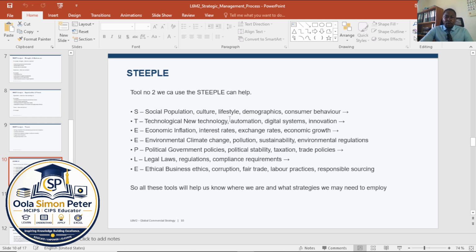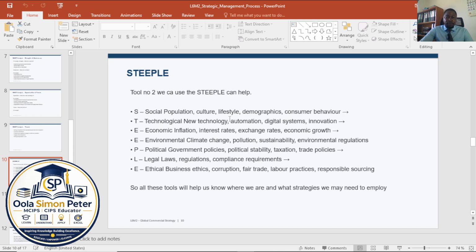Is PrimeLink operating, or are you operating in an area that has high interest rates or has high exchange rates? Now, this all will help you know where your business actually operates, and it helps you come up with the different strategies that you need to employ.